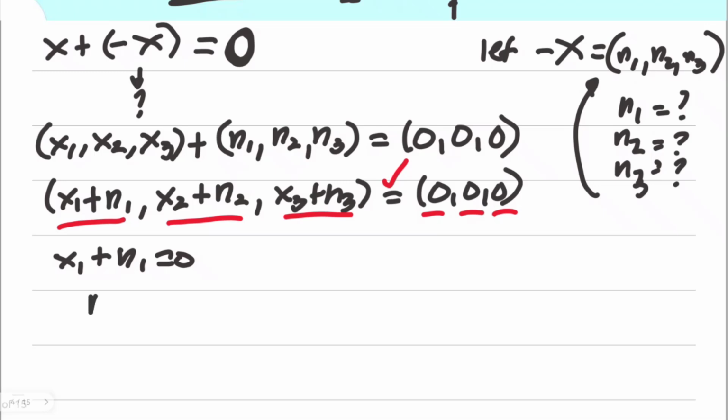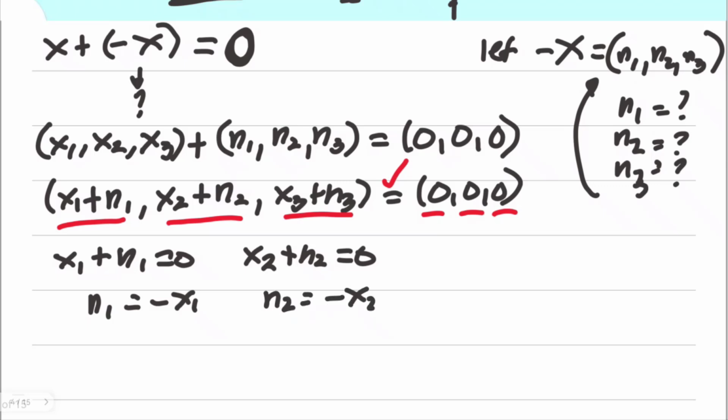So n sub 1 is 0 minus x sub 1, or negative x sub 1. Next, x sub 2 plus n sub 2 is 0, so n sub 2 is negative x sub 2. And x sub 3 plus n sub 3 is 0, so n sub 3 is equal to negative x sub 3.